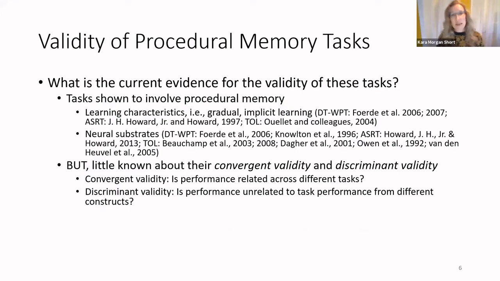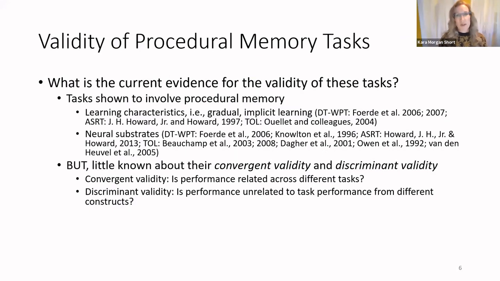In regard to validity, there's evidence that each of these tasks involves procedural memory to some extent because the learning characteristics of the task reflect procedural memory learning patterns, and also the neural substrates associated with these tasks reflect the neural substrates associated with procedural memory.